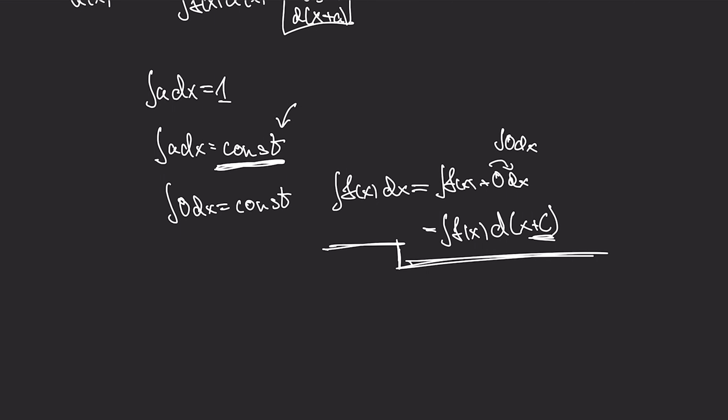But that's addition. Then multiplication. Well, as you probably already know, if you were to get a derivative of something and you wanted to multiply it by n, it's the same thing as if you were getting the derivative of the multiplication of those. And it's the same thing with integration.